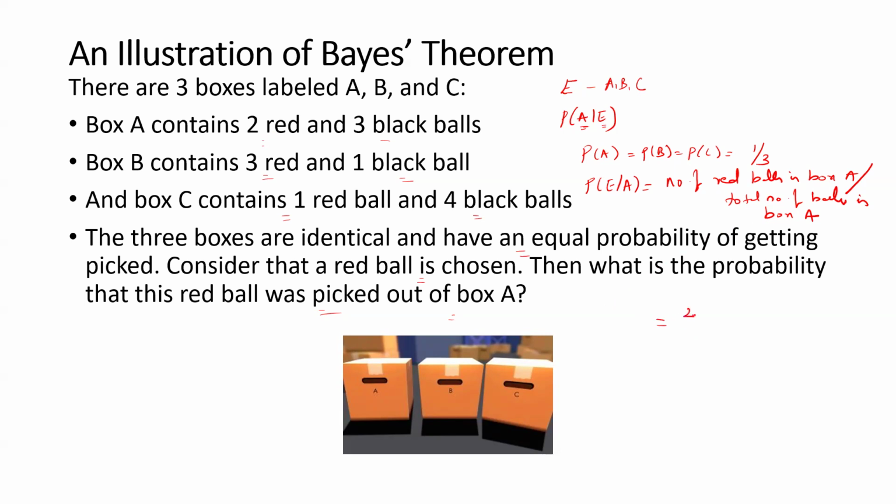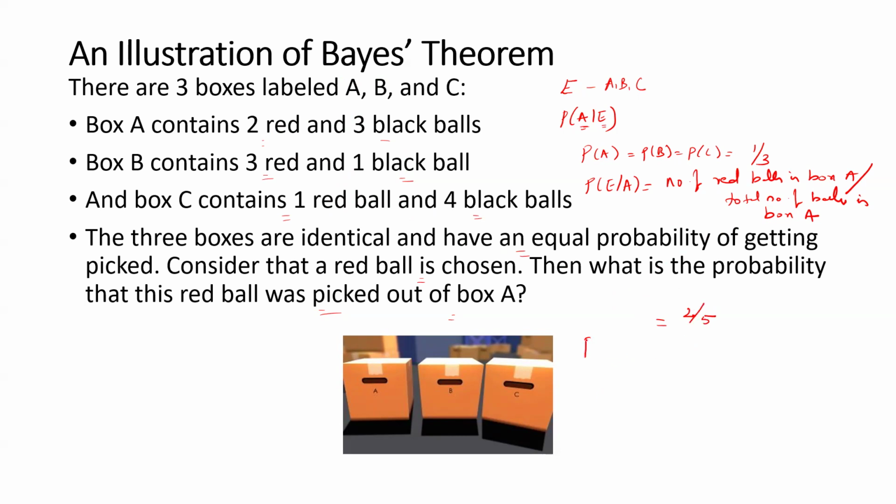And the total number of balls in box A is 2 plus 3, which is 5. So it is 2 by 5.